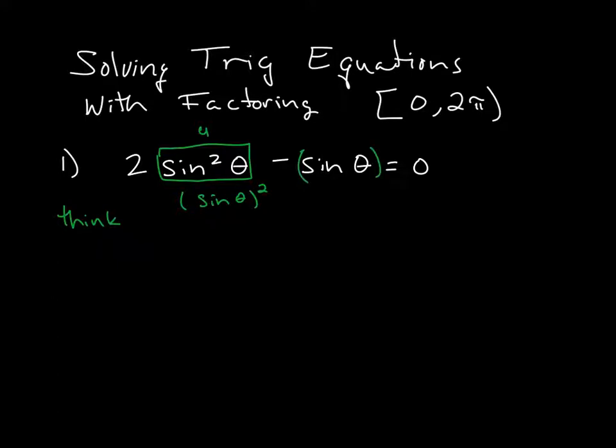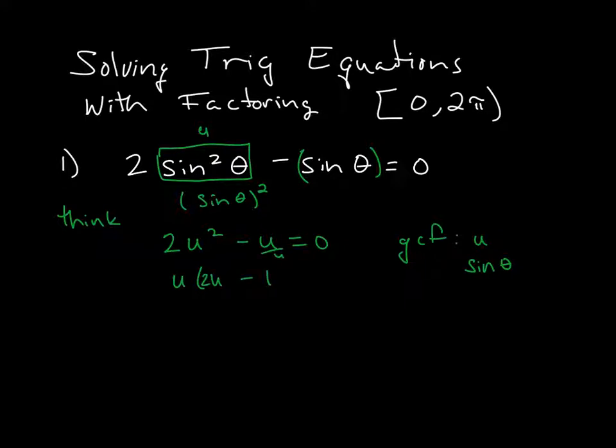So what you really have here is 2u squared minus u is equal to 0. So this is a type of question where you'd need to take out the GCF. The GCF is u, or if you can go straight forward and think about that as the sine of theta, either works. So I factor out my GCF of u, and I end up with u times 2u minus 1.